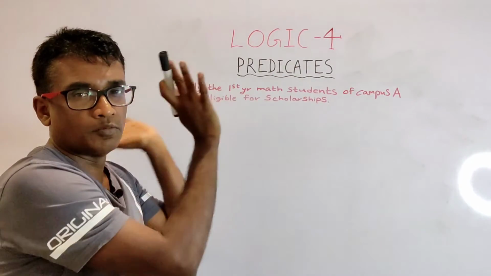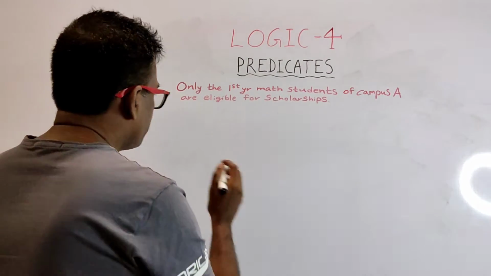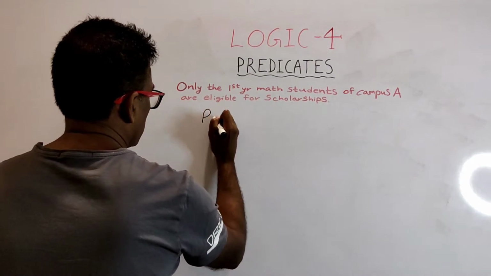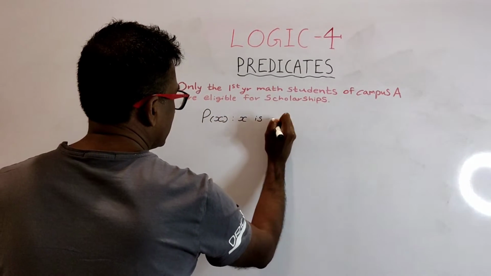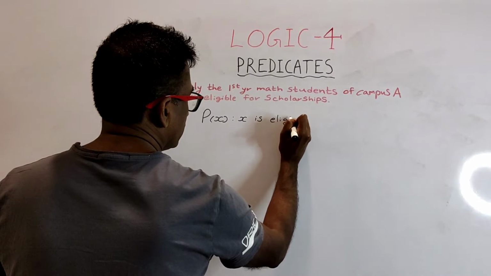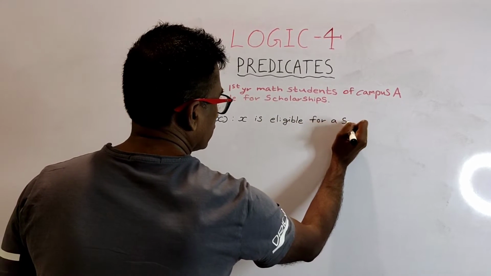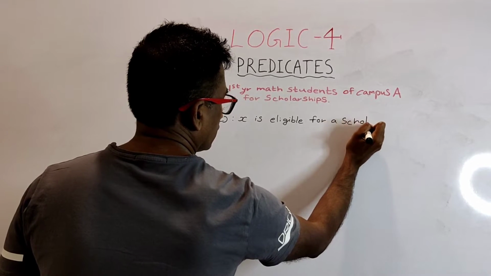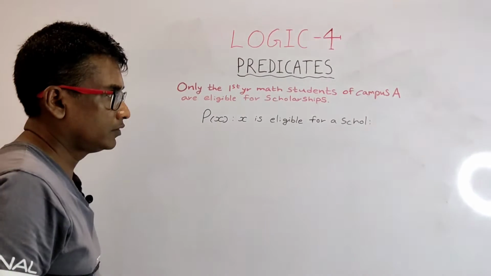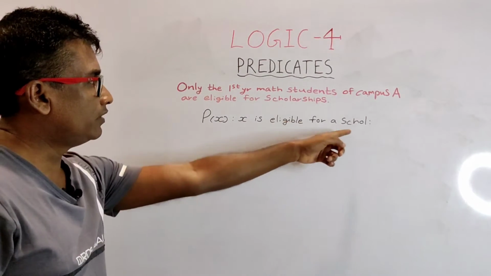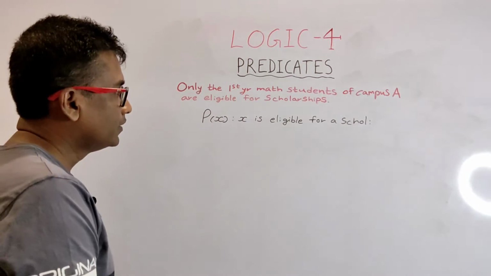Think that this is true. This is a known fact. Okay. Now consider this predicate. P of x is such that x is eligible for a scholarship. That is the predicate.